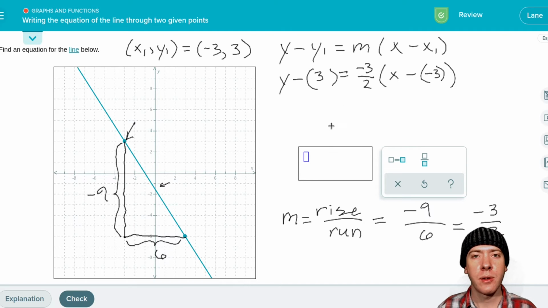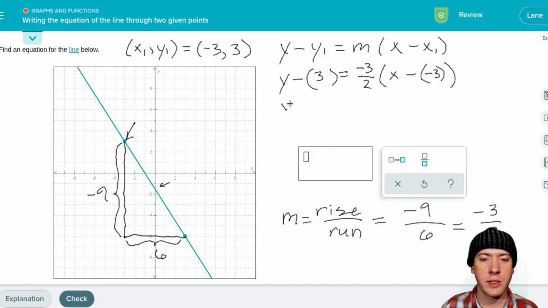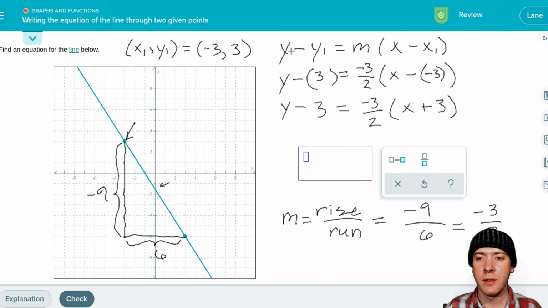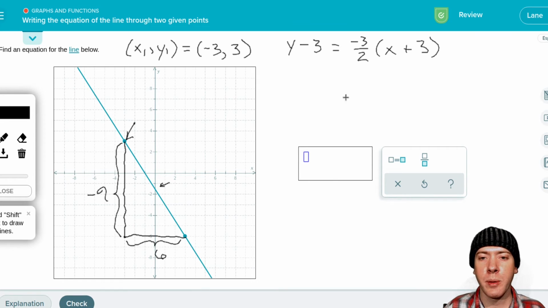Okay, and now in the next step, I'm going to get rid of the parentheses where I can. On the left-hand side, nothing changes. This just means y minus 3. But on the right-hand side, we can change that double negative sign to addition. So x minus -3 is the same as x plus 3. I'm going to erase this stuff and move our last step up to the top. Like in the last problem, our next step is going to be to distribute this fraction.